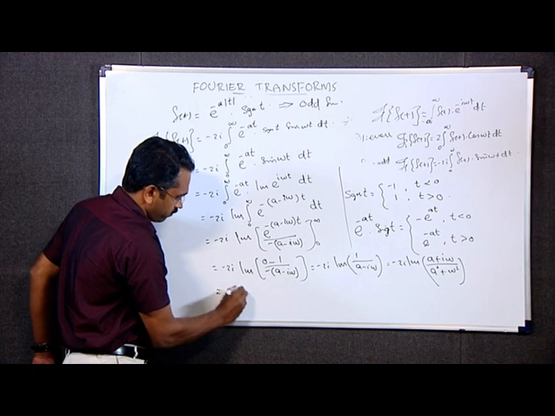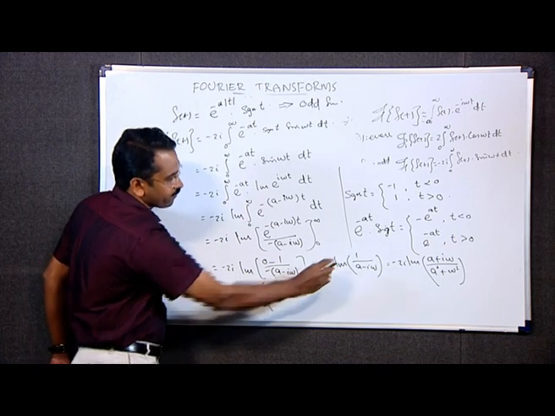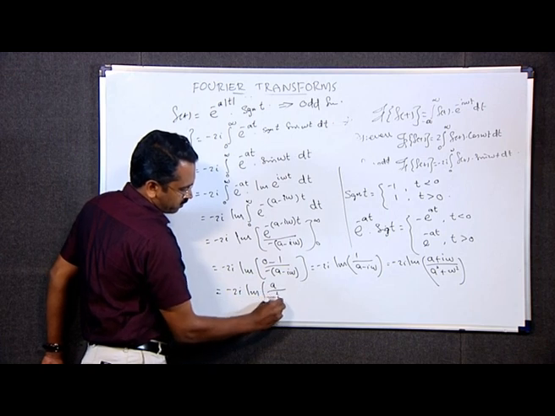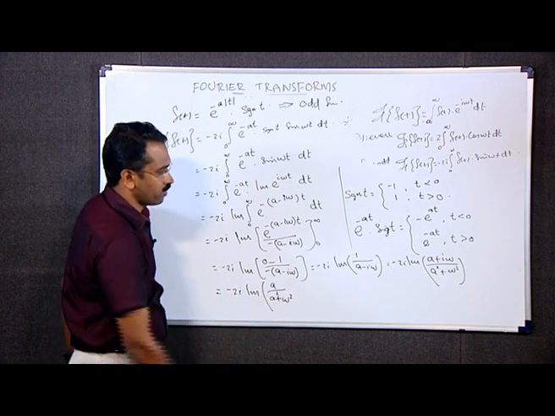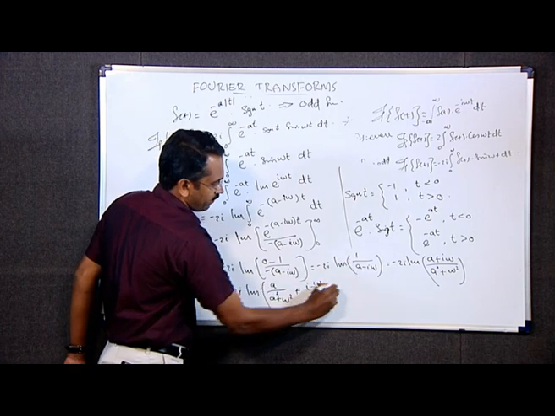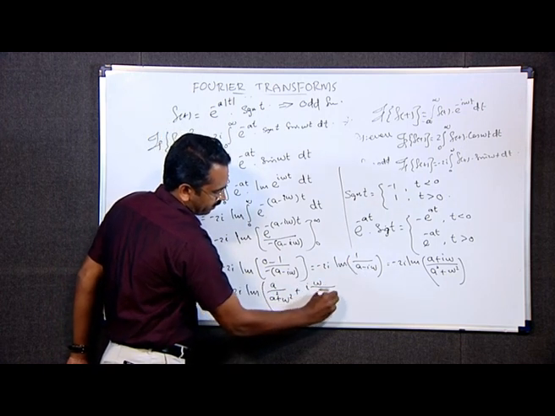Which is equal to minus 2i into imaginary part of a by a square plus omega square plus i into omega by a square plus omega square.